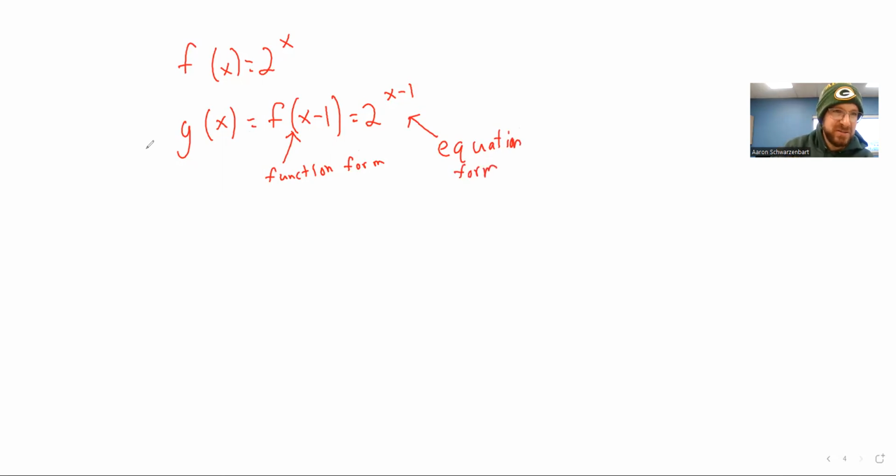Okay, hold on. I need to do colors here. I'm going to do this one in blue. My initial function, f of x equals 2 to the x.